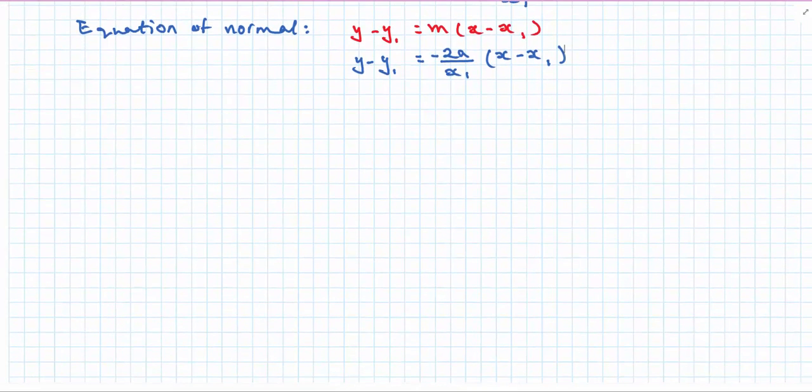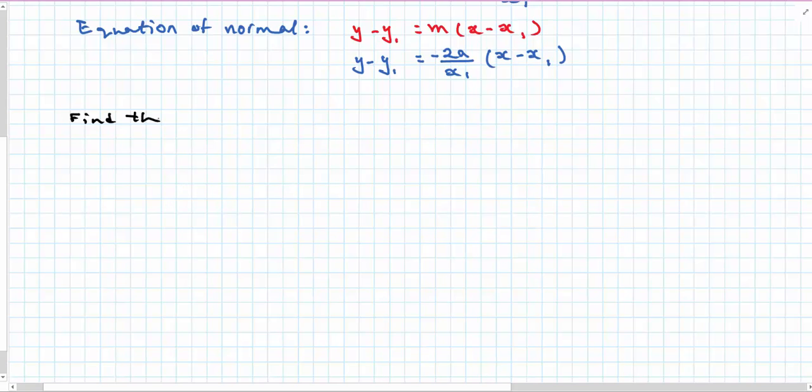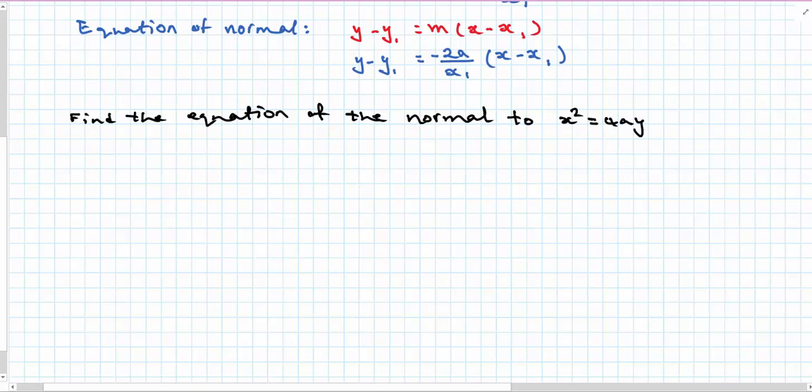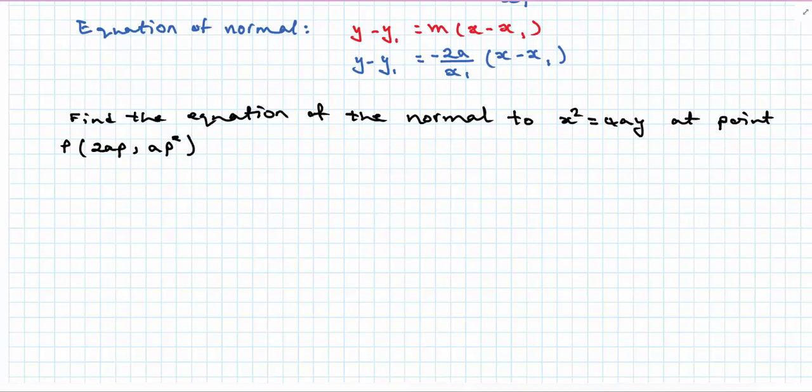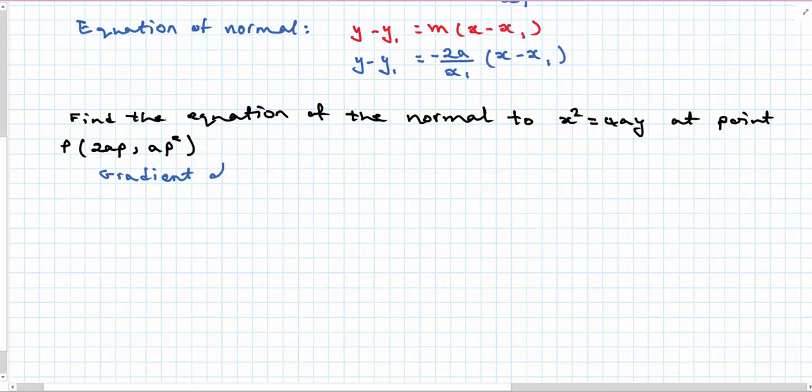So as with the tangent, we are going to find the equation of the normal. As before, first step, gradient of normal. We start with rearranging.